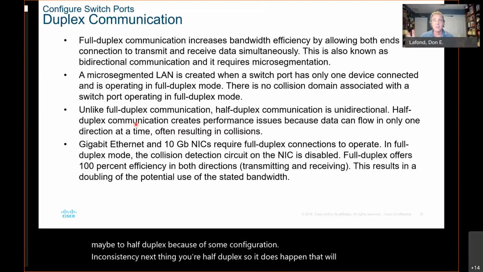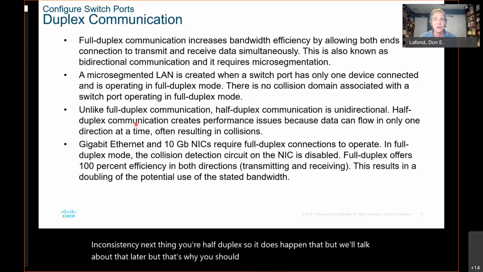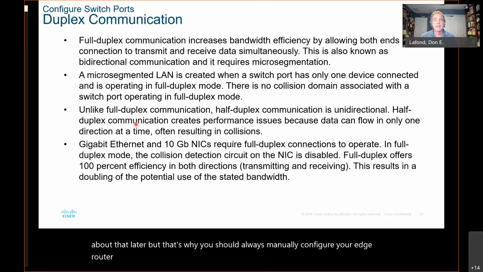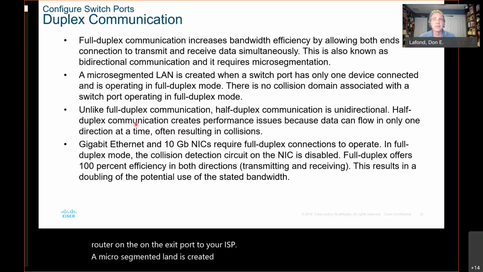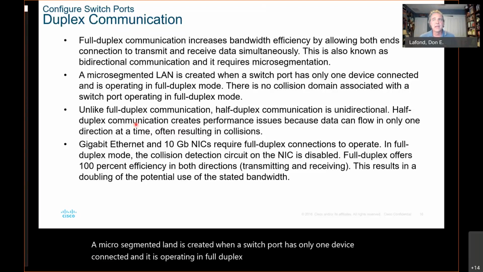That's why you should always manually configure your edge router on the exit port to your ISP. A micro-segmented LAN is created when a switch port has only one device connected and it is operating in full duplex mode. There is no collision domain associated with the switch port operating in full duplex mode.